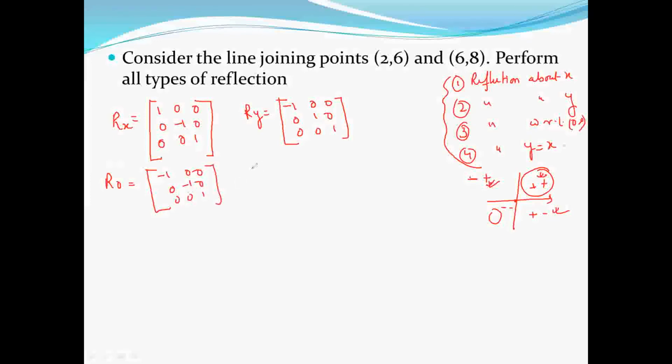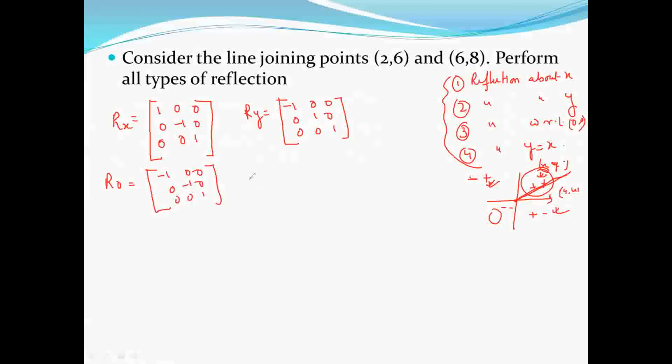Okay. And the last one is the reflection with respect to y equals x. I already discussed that y equals x is a line like this one. If the coordinate is x comma y in this area, the same point will be reflected over here with the coordinate y comma x.